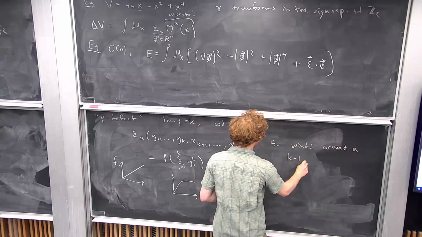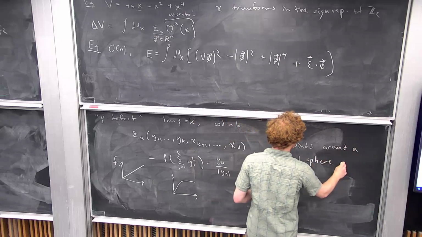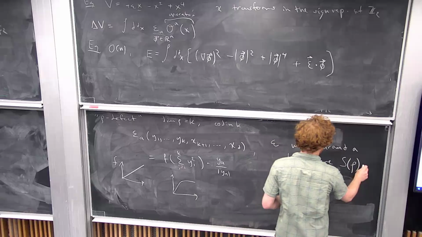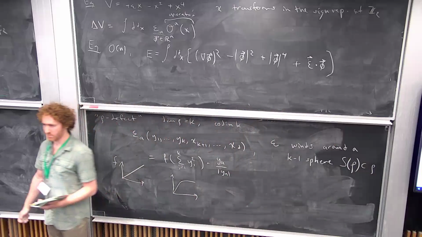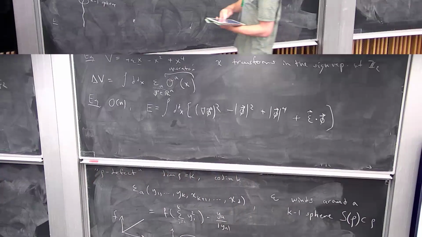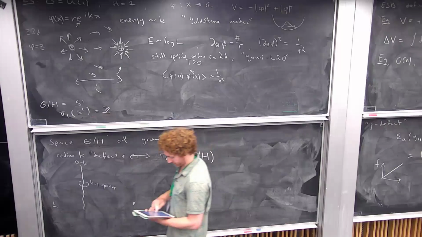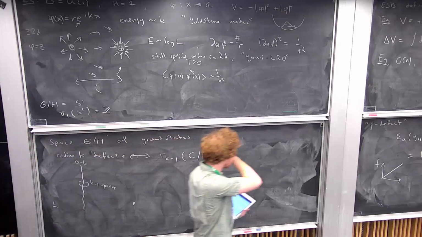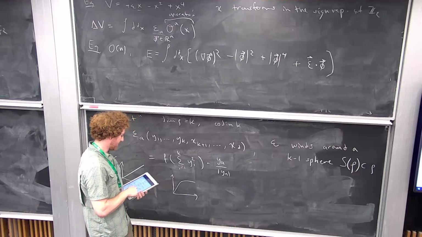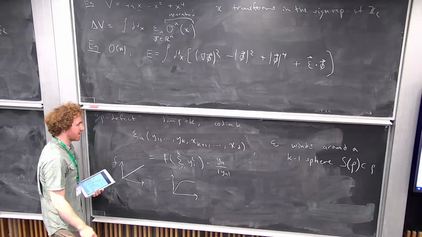So I'll call it S_rho. So this is the sphere in the representation space. This is a natural defect to study because it's going to have a lot of symmetries.